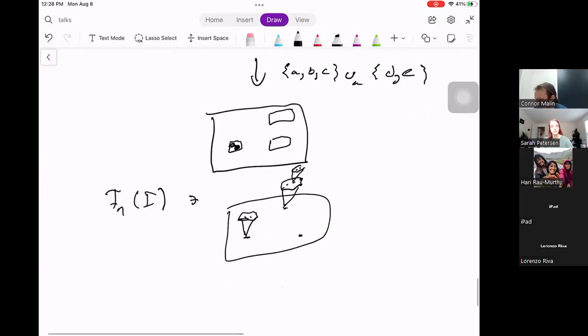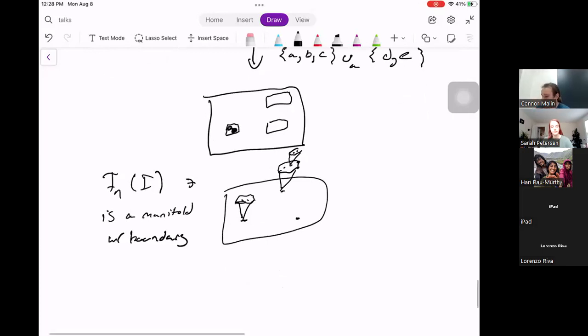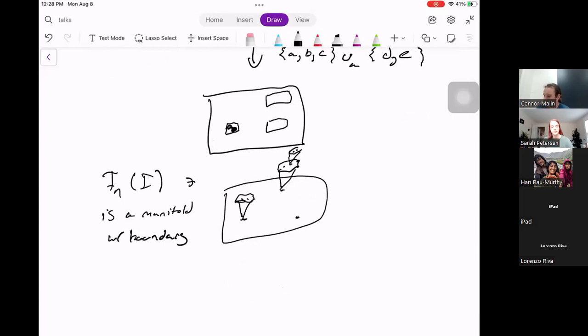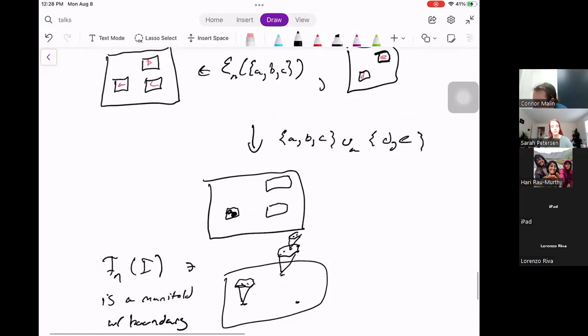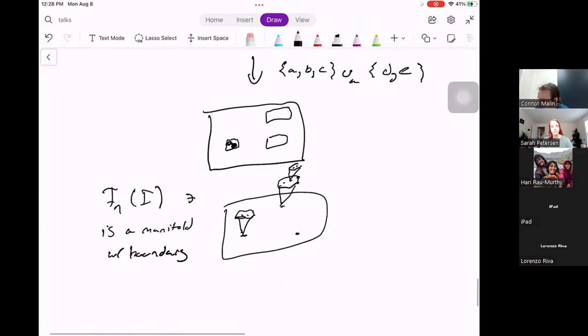There are certain conditions that these must satisfy, but the important thing to get is that this F_n(I) is a manifold with boundary. And then hopefully the composites should be somewhat obvious.